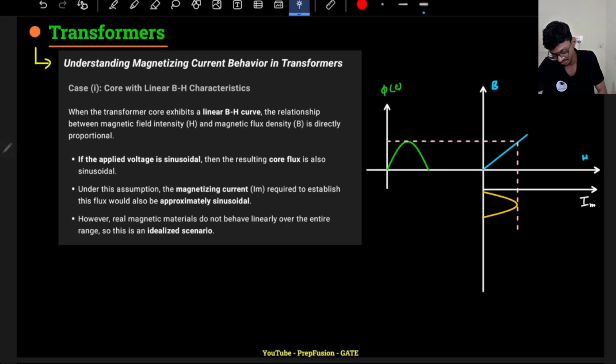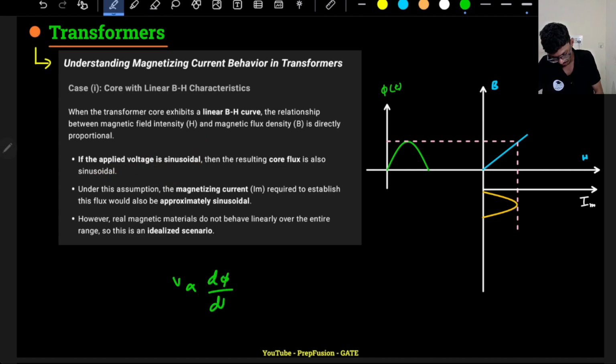Basically, what it means is, if I am applying a sinusoidal voltage, I know that voltage is proportional to d phi by dt. And if the voltage is sinusoidal, the flux will be co-sinusoidal, so almost it is sinusoidal only.